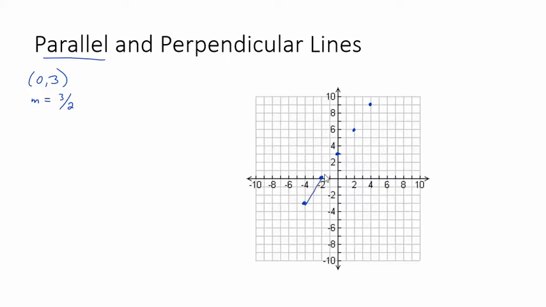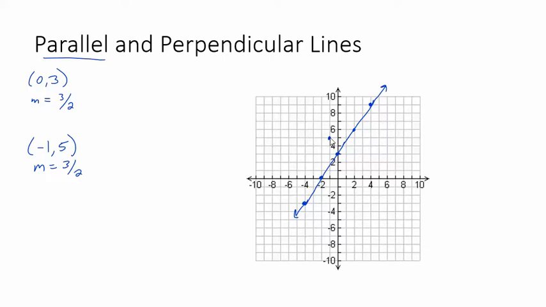Now, I want to draw another line that's parallel to this line. To get a line parallel to this line, I can start at some other point. I could pick any point, let's say (-1, 5). Now to make a line parallel to this, what slope am I going to need? Well, hopefully you realize I have to have the same exact slope.